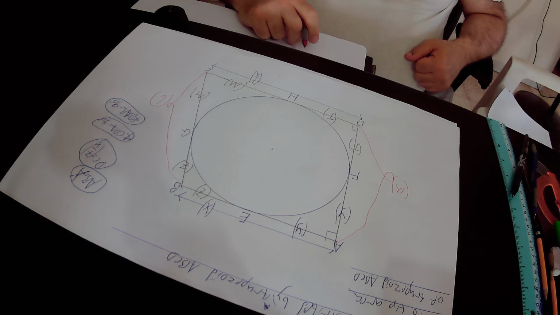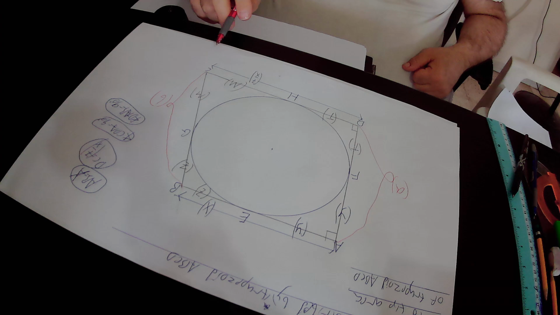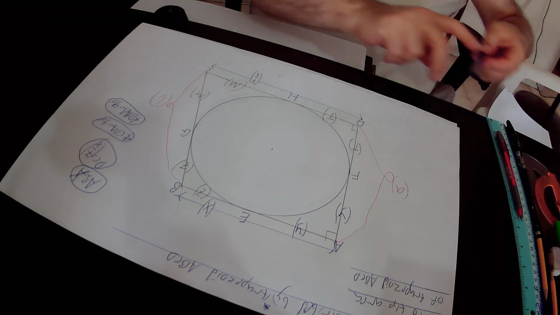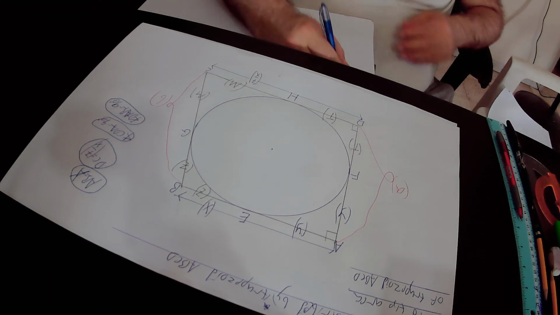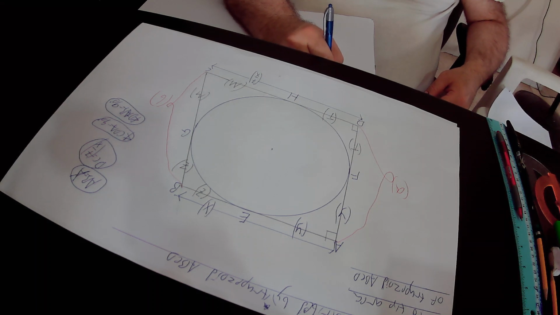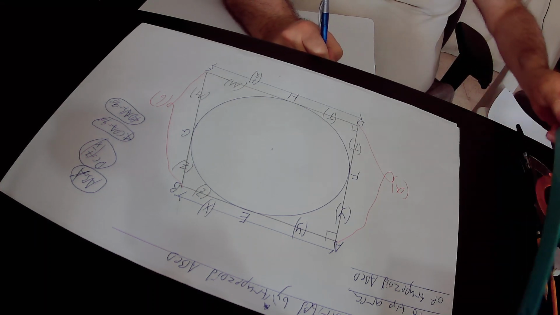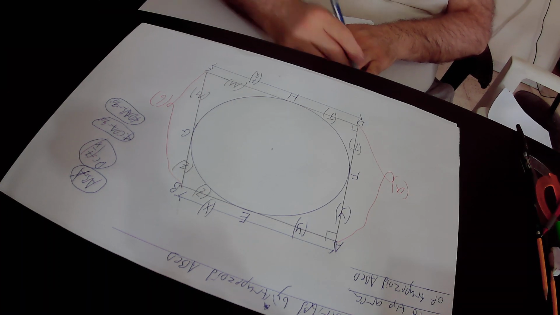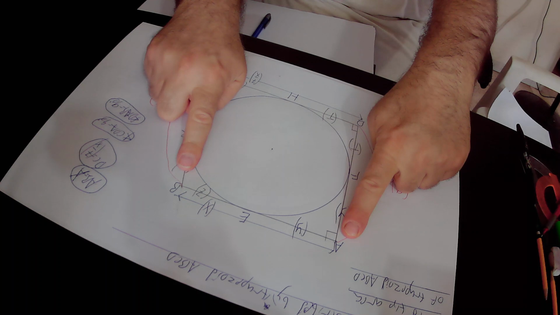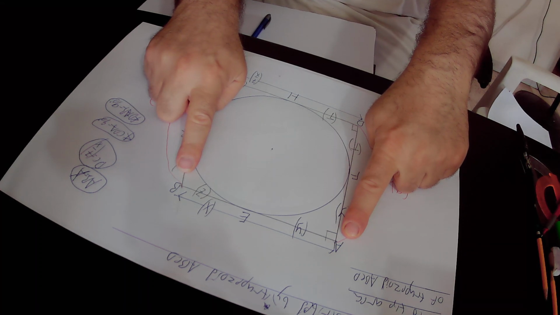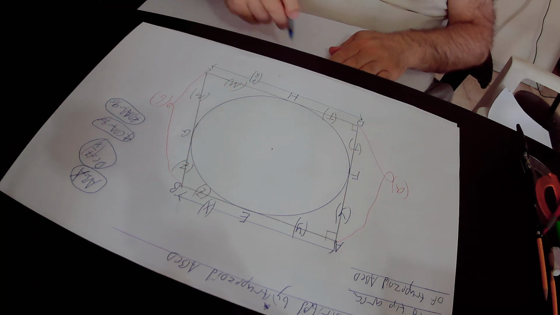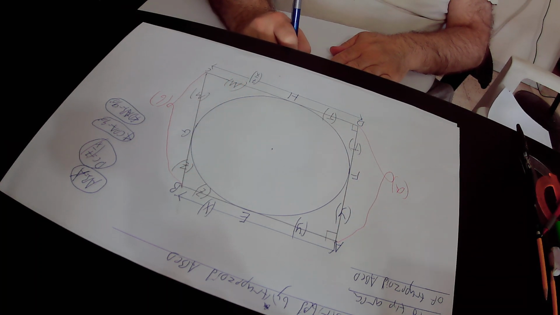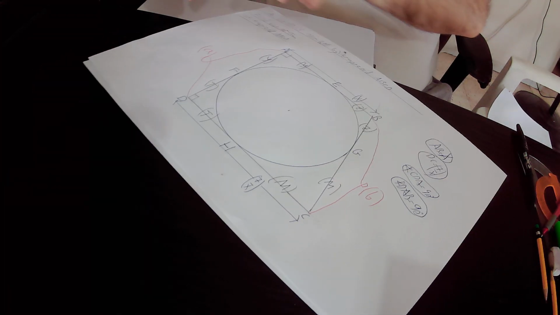In the next step, we will add side AB to the opposite side DC. So what is the value of AB plus DC? AB, according to rule 2, equals Y plus Z. Okay, AB equals Y plus Z. Plus DC.